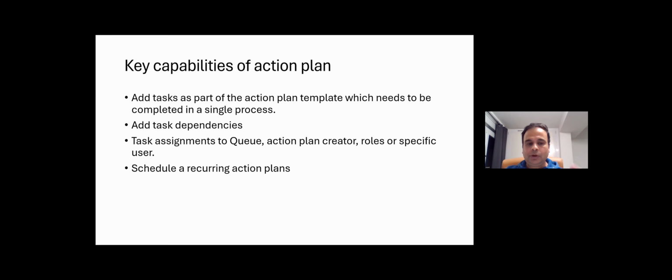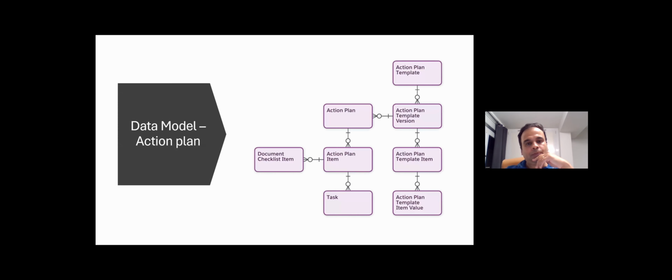But I'll give you an example from our project where we had very complex requirements and had to adopt certain solutions from action plans. Then you can also schedule recurring action plans, and send reminders in the action plans to specific users and so on. So these are some of the high level key capabilities of action plan.